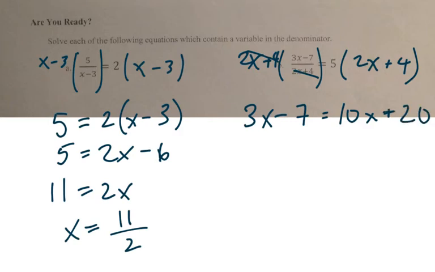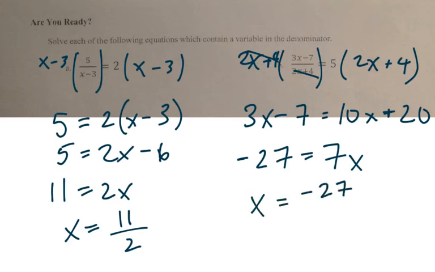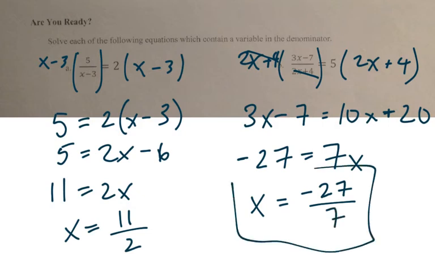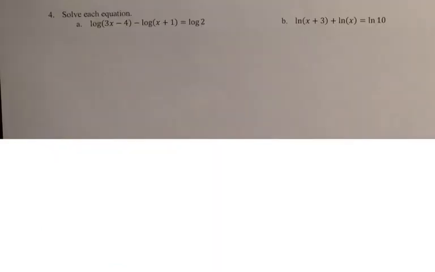I'm going to solve for x, so I'm going to move the x's to the right and the 20 over to the left. So I end up getting negative 27 equals 7x. So when I solve for x, I get x equals negative 27 over 7. So this process is going to help us in the next couple of questions.